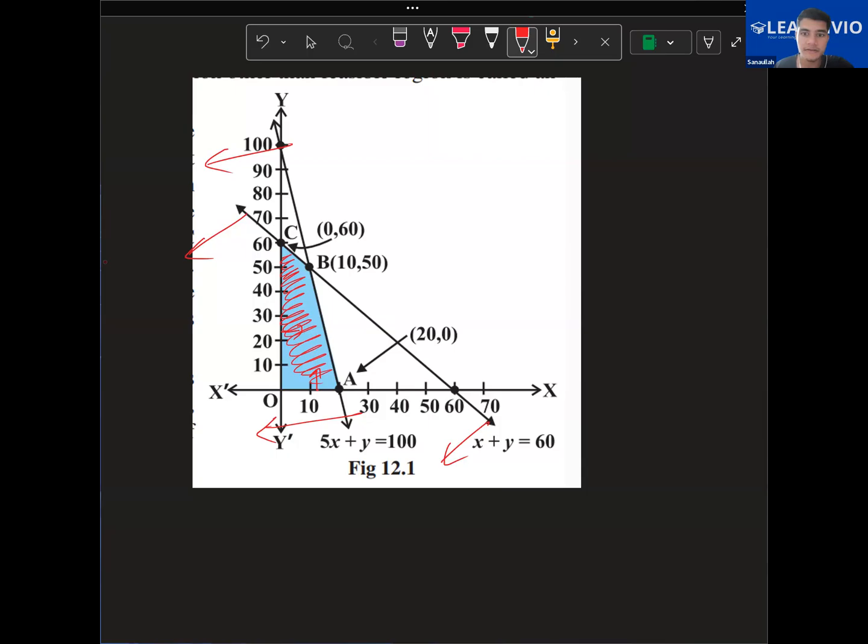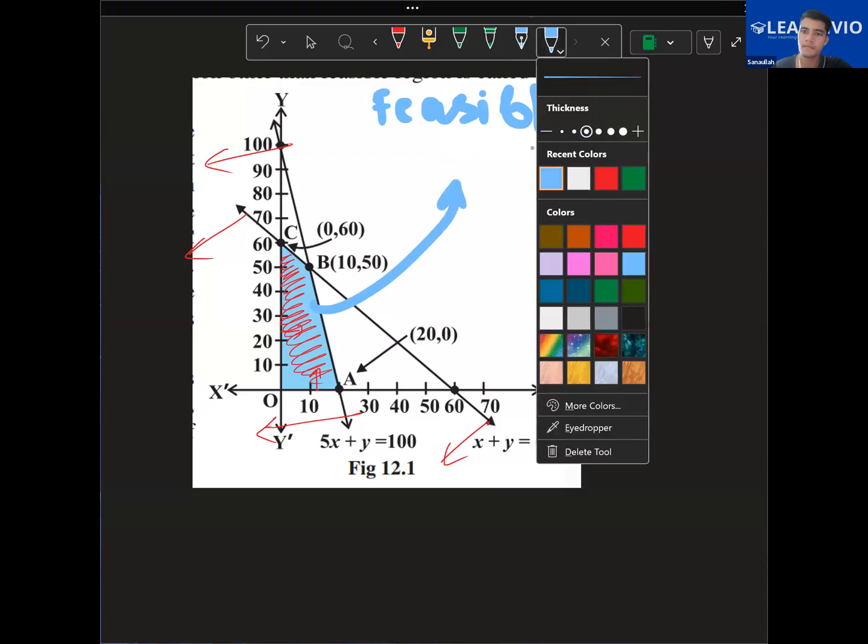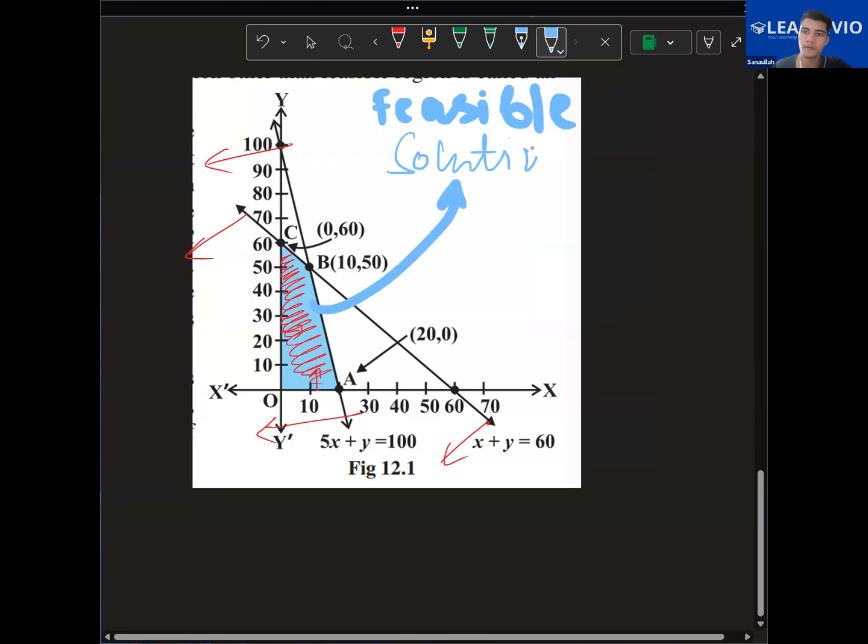Understood? This is your feasible solution. इसको हम feasible solution भी बोलते हैं.